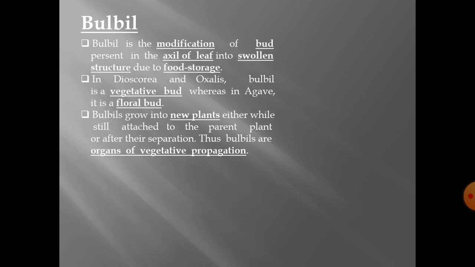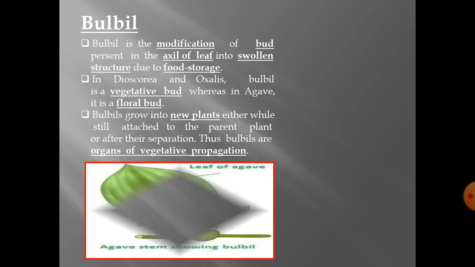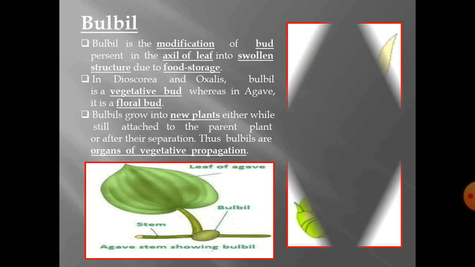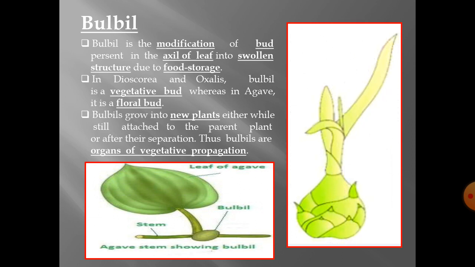This is the point-wise summary of what I expressed. Now, moving on to the illustrations. This is the stem of Agave showing bulbil, and this is the germination of bulbil establishing vegetative propagation.